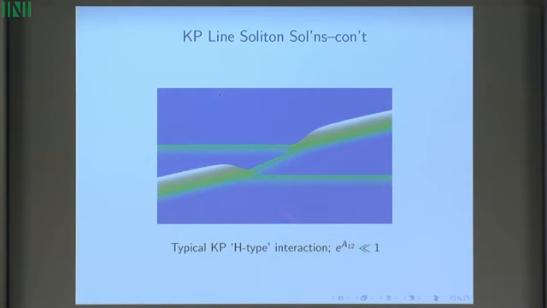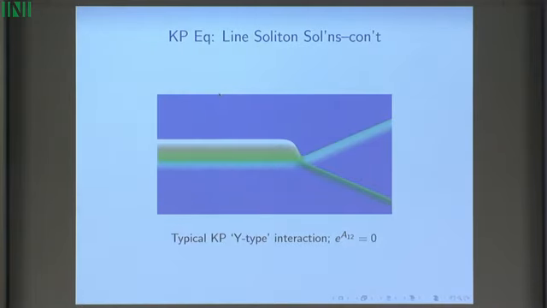And this is e to the a12 small. And when e to the a12 goes to 0, these things spread out, leaving just one of them. This solution was found by Miles, 1977.